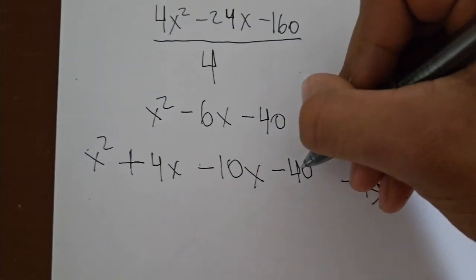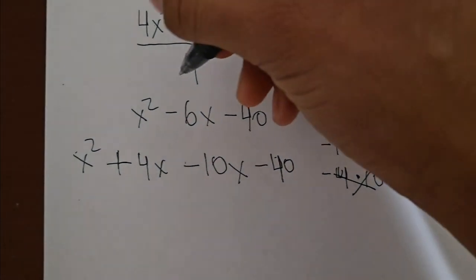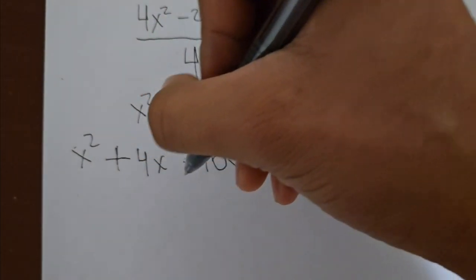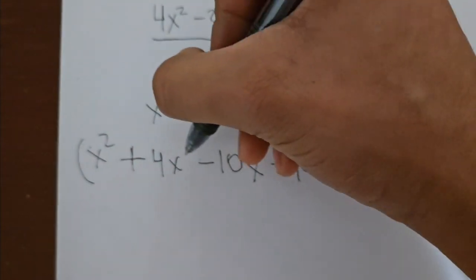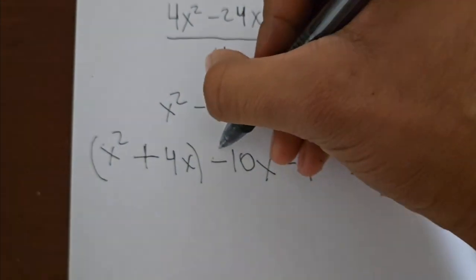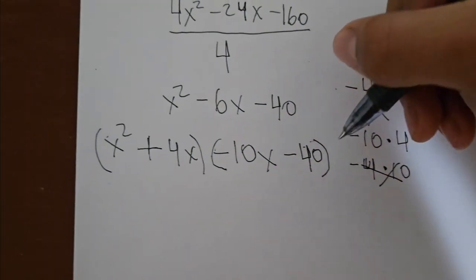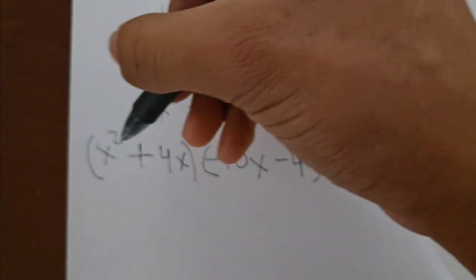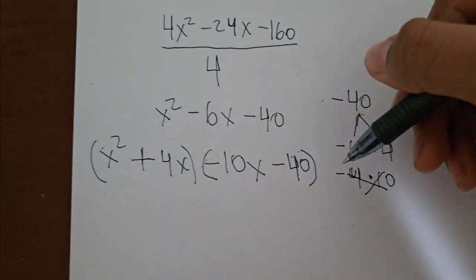If you notice, I just substituted the factors negative 10 and 4 for the negative 6, and I added an x to both of these factors. The next thing we do is put parentheses around the equation, which gives us parentheses x squared plus 4x, and then parentheses negative 10x minus 40.